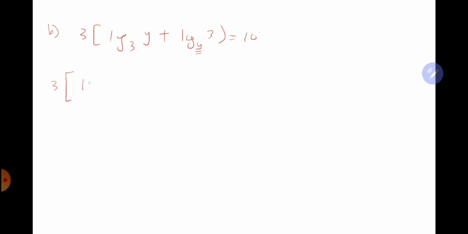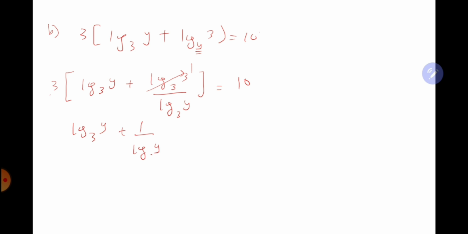So we will get 3 log base 3y plus log base 3 over log base 3y equals to 10. Okay, so yang ni you boleh jadikan dia, yang 3 ni you can put on your right hand side. You will get log y 3 plus 1 over log y base 3 equals to 10 over 3.